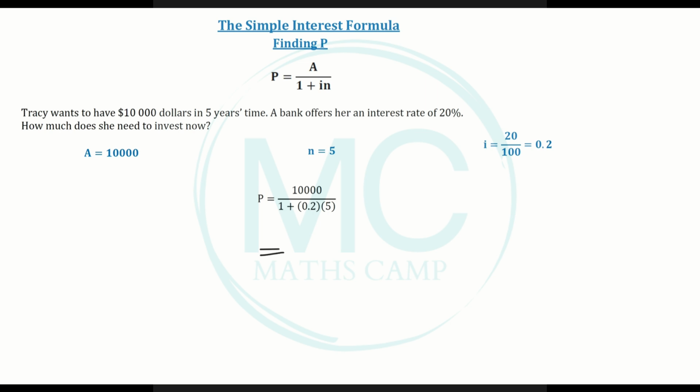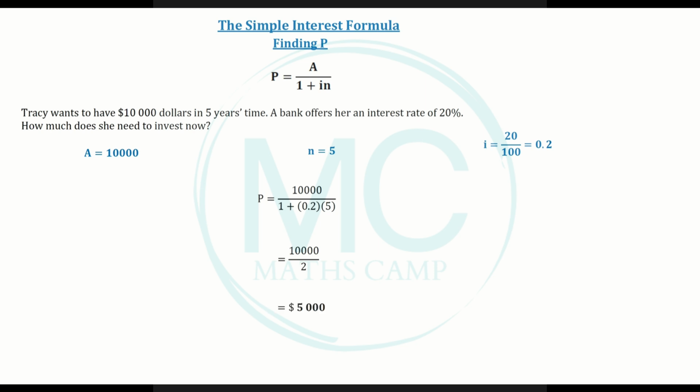Now, on the top of our fraction, we have 10,000. In the denominator, 0,2 multiplied by 5 gives us 1. Add 1, and we get 2. Now we can divide 10,000 by 2, and we get an answer of $5,000. This is the amount that Tracy will need to invest.